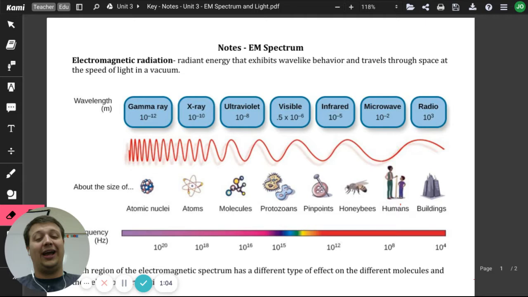So it is very, very quick. Now, here's something I will state about electromagnetic radiation. When we talk about it and when we do the math and solve problems for it, we are making the assumption that it is in a vacuum. This is the same thing as talking about ideal gases. We know that in the real world, gases don't act ideally, but it is the best way for us to get an idea of how they should be acting.